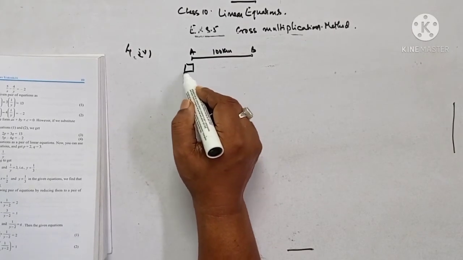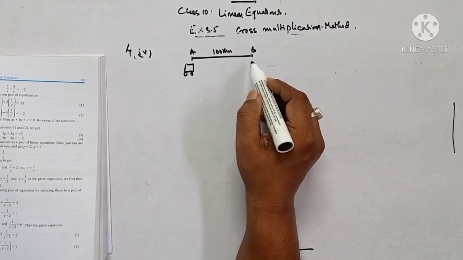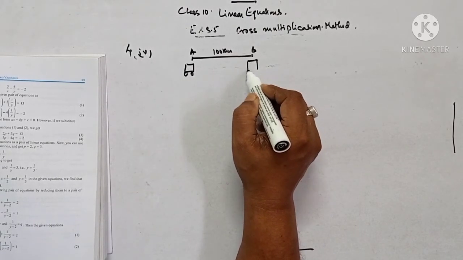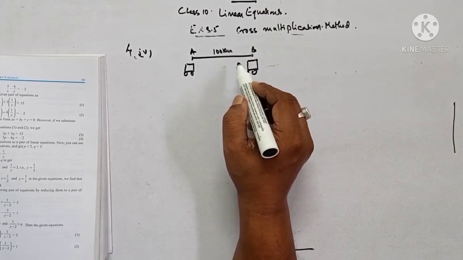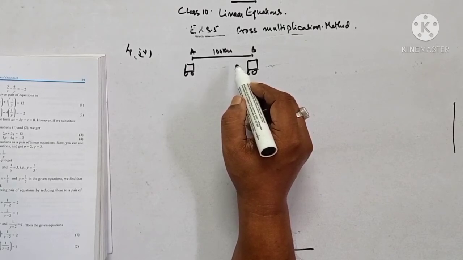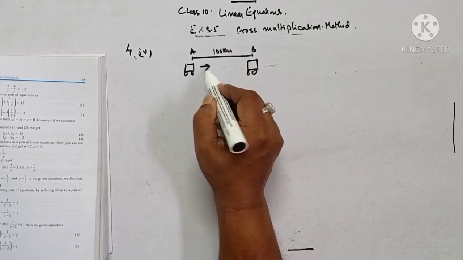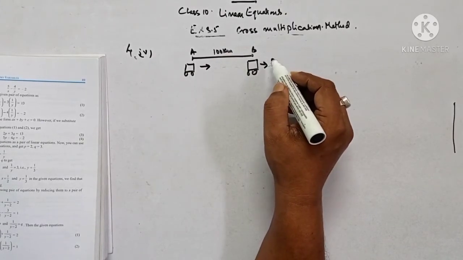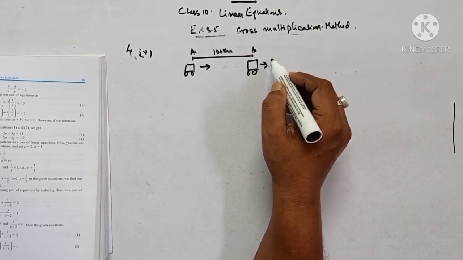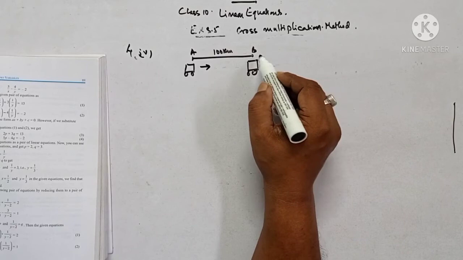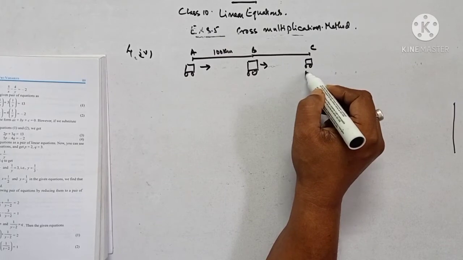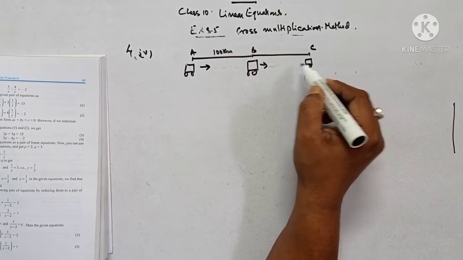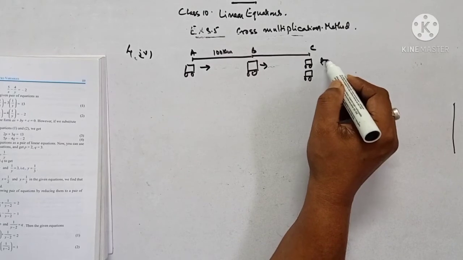One car starts from A and another from B at the same time. If the cars travel in the same direction at different speeds, they meet in 5 hours. Like here, see, these two cars meet here, and the time taken is 5 hours.